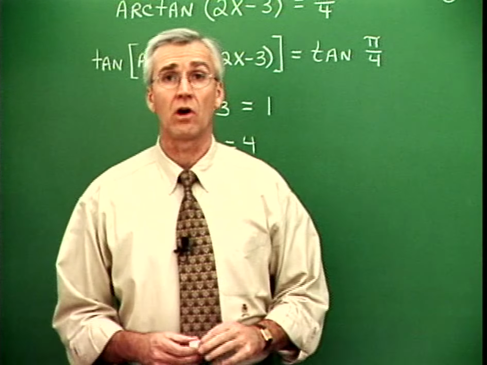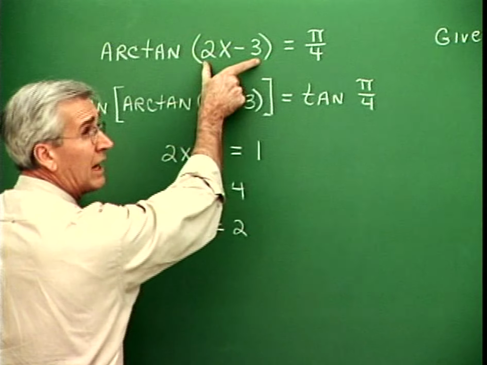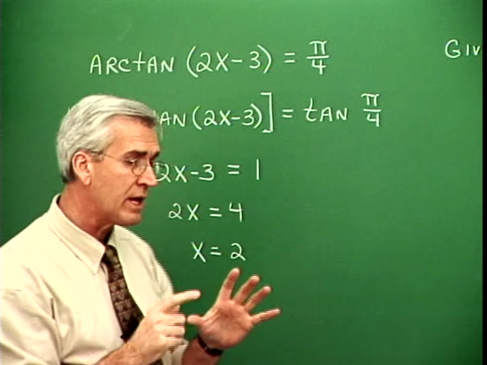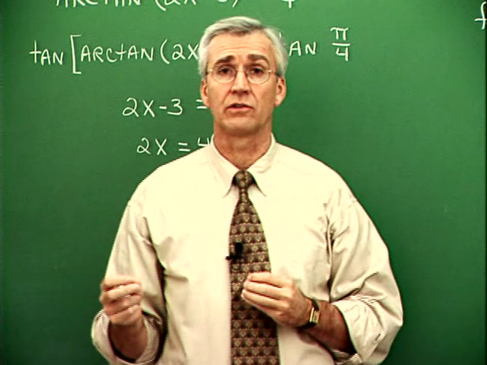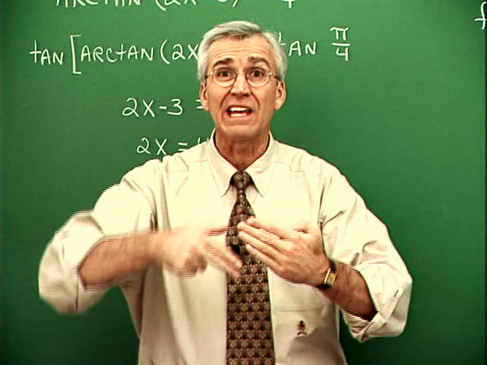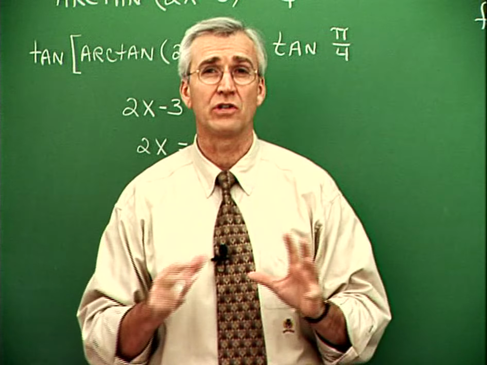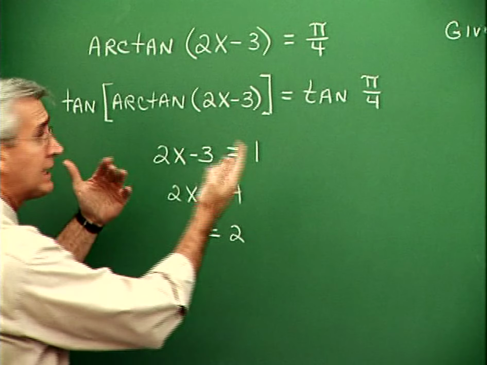Here's an equation involving an inverse function. It says arctangent of this expression is pi over 4. Now, a lot of times when you see equations involving either trig functions or inverse trig functions, you can apply the inverse of whatever you see in order to let the equation kind of shake out for you. Here we see the inverse tangent idea, arctangent.